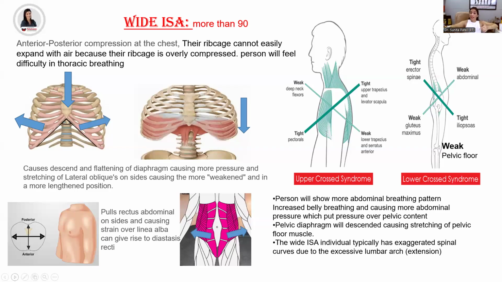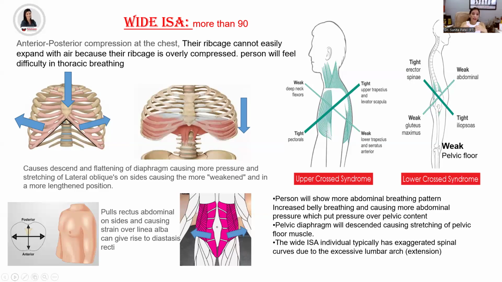It means the muscle in the center will also start flaring up, and that can lead to diastasis recti. That will cause more loading on the linea alba, which is the connective tissue where all the aponeuroses of the muscles are attached. Now you can understand the patient can present with diastasis recti as well.